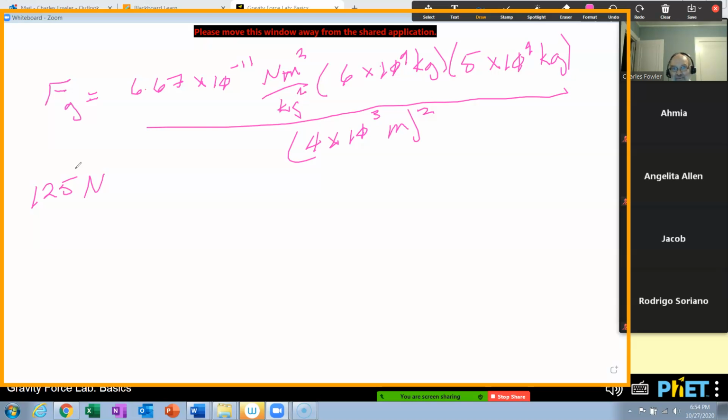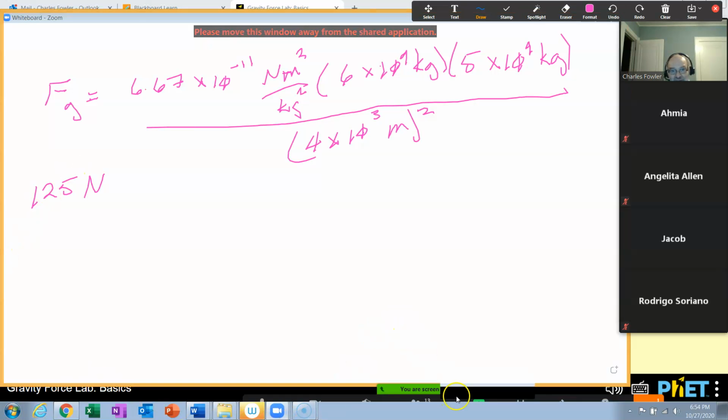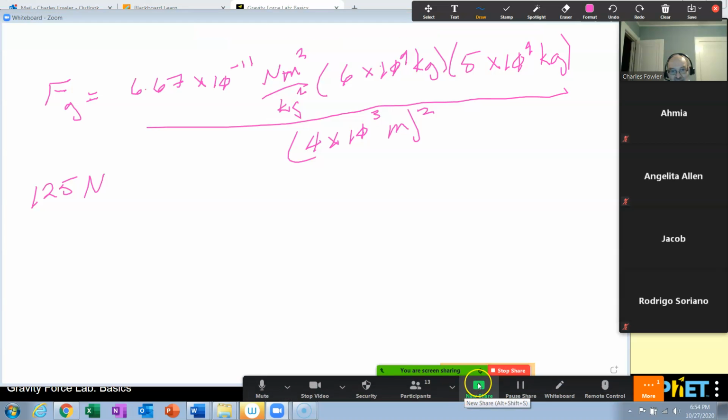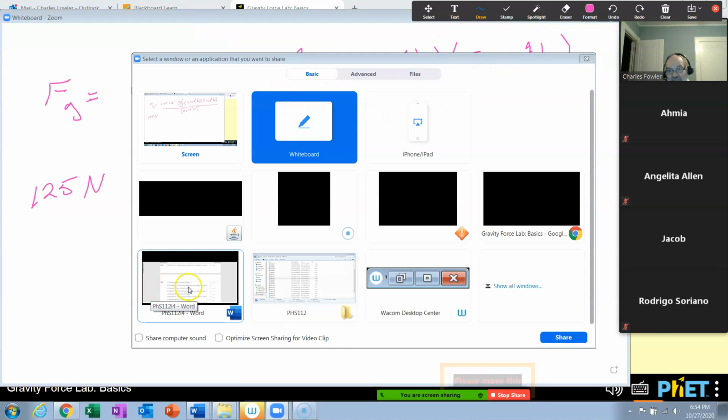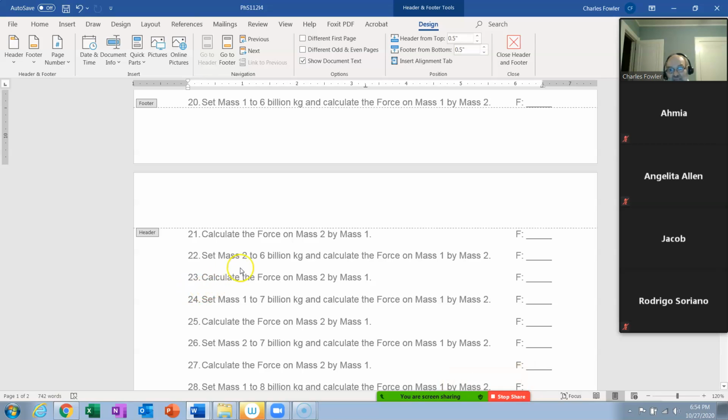Now what we're going to do next is go to this one, number 20. 21 would be exactly the same. 22 is set mass 2 to 6 billion kilograms.